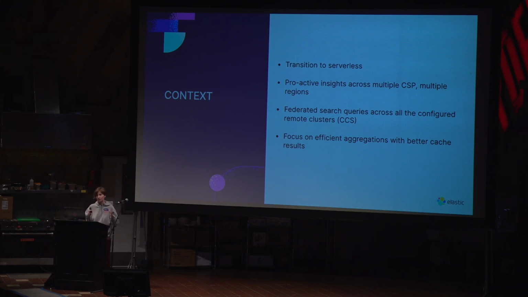During this quite big transition, like you all imagine with big companies, we've seen a lot of changes in the observability stack, and how we wanted to get more proactive insights when dealing with multiple cloud providers in multiple regions, and also something that could support our famous cross-cluster search, which is basically the federated search queries along all the configured remote clusters. So that's how it all came to shape.